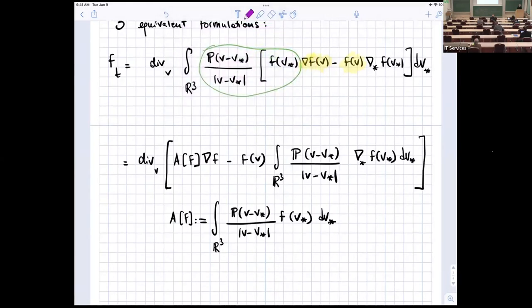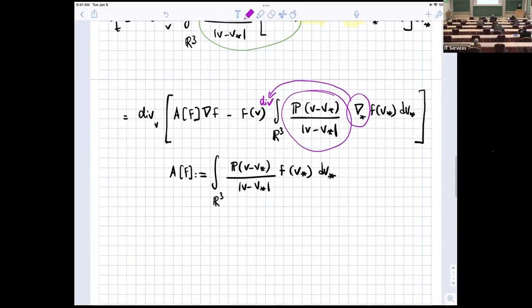You see that this is a convolution, right? So it's two terms in v minus v star and another term in v star. So I can bring this derivative outside, which becomes then a divergence. Remember, I have a matrix. And then since it's a convolution, I can move it to the other term.